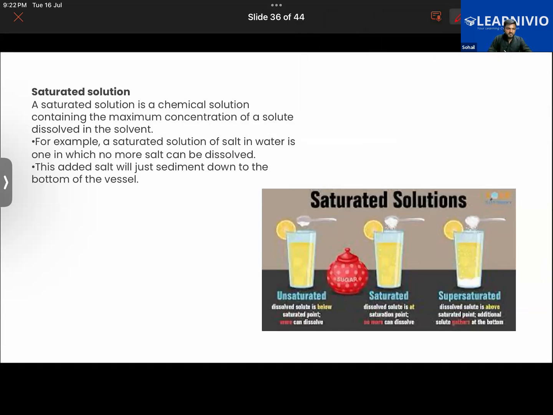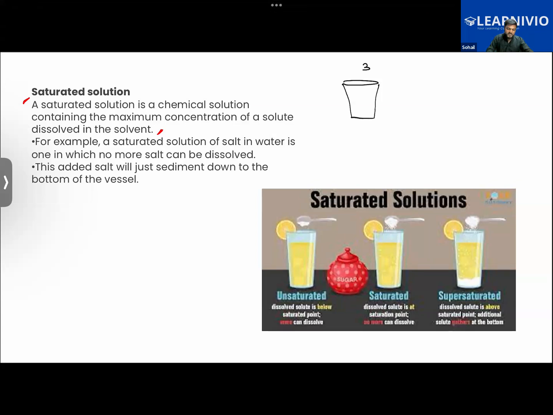Halima, you read the given paragraph up to here. A saturated solution is a chemical solution containing the maximum concentration of a solute dissolved in the solvent. Okay. So say for example, we had a glass of water, and in this we can add only 3 tablespoons of, let us say, salt.